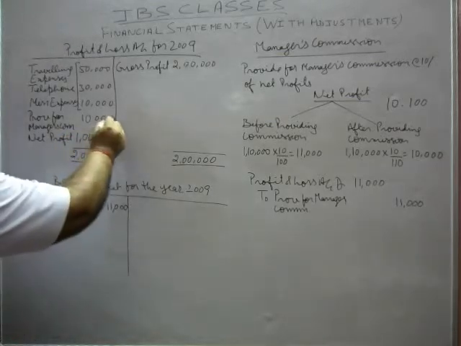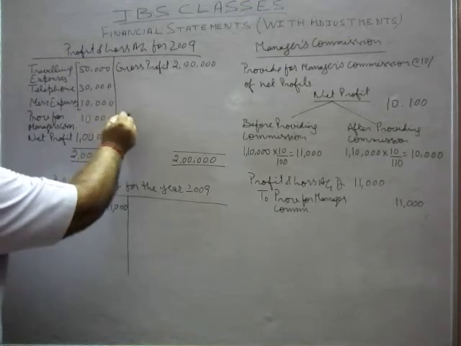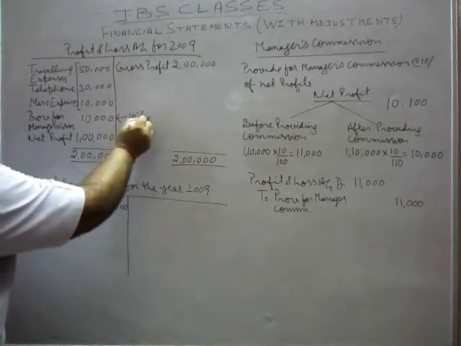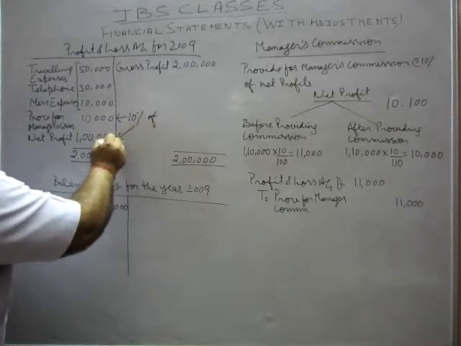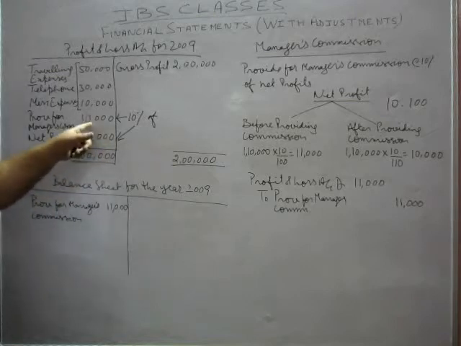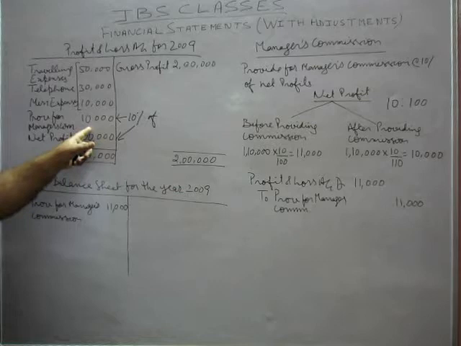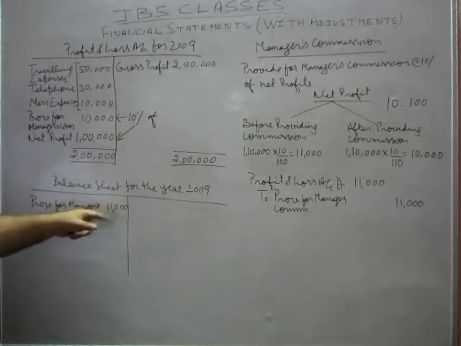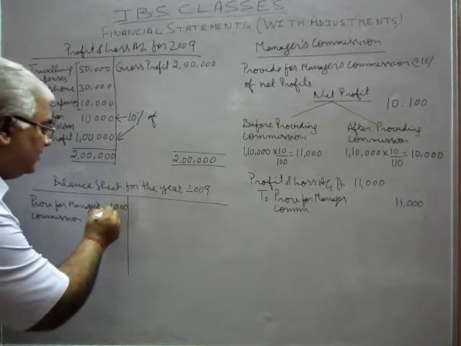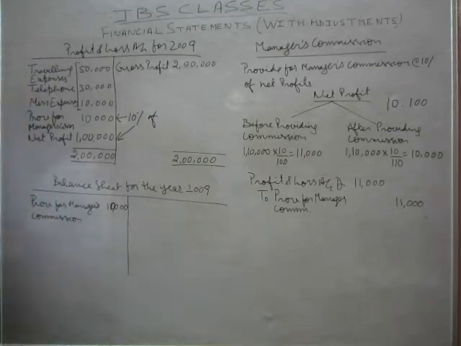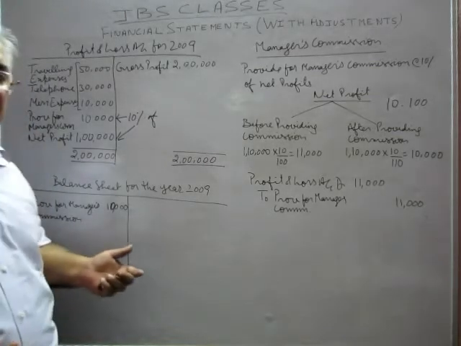Now you see, this commission is 10% of this 1 lakh which is left after providing for commission. Is this clear? And now this will be shown at 10,000 in the balance sheet. I hope it is quite clear.